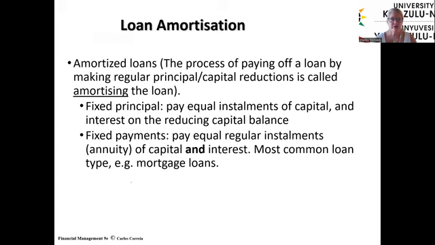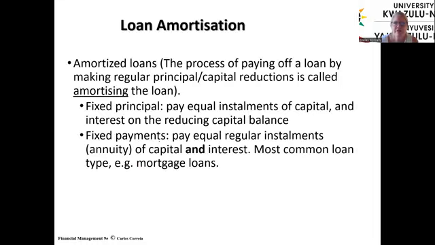You either pay equal installments of capital over the duration of the loan period, and you pay interest on the reducing capital balance. So as you owe less, your interest drops. So only the principal is fixed, the capital repayment's fixed, the interest changes.